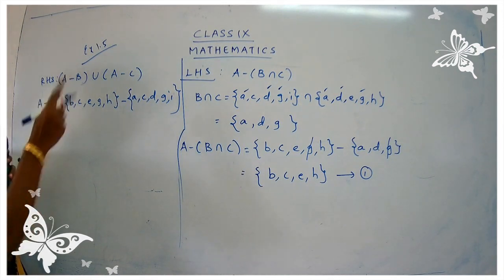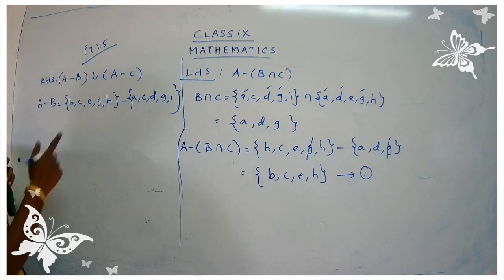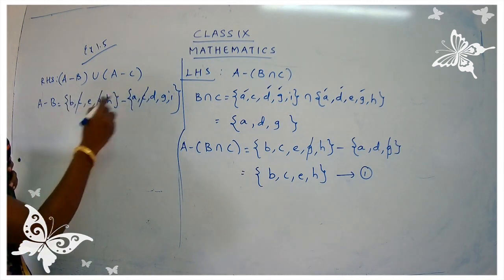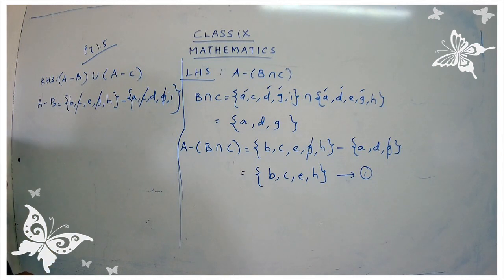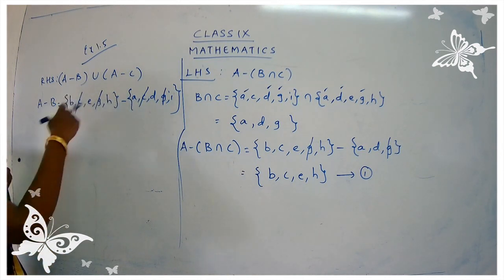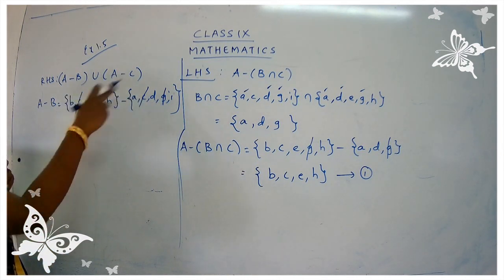First of all, cut the common elements. Cut the same elements. C is common. G is common. C is common, so I have cancelled C. G is common, so I have cancelled G.